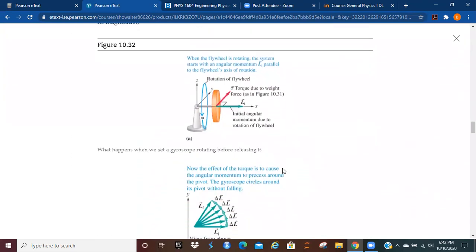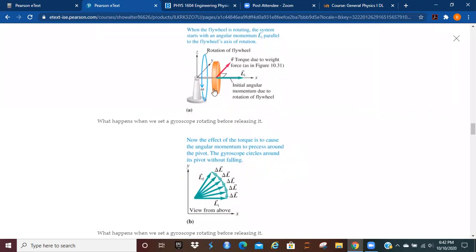Now, if we take the flywheel and we start to rotate it, the system starts with angular momentum parallel to the flywheel's axis of rotation. You still have the torque here due to the weight, but you also have the initial angular momentum due to the rotation of the flywheel.